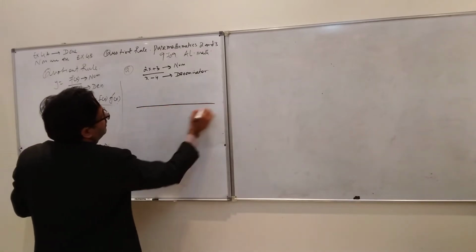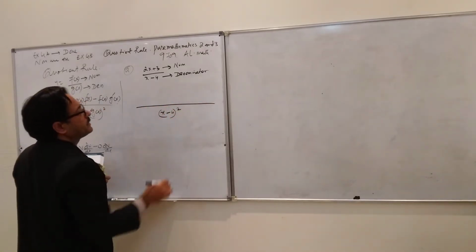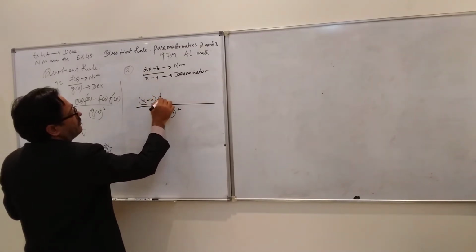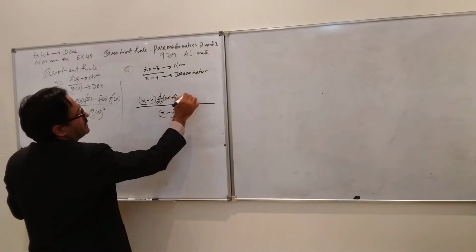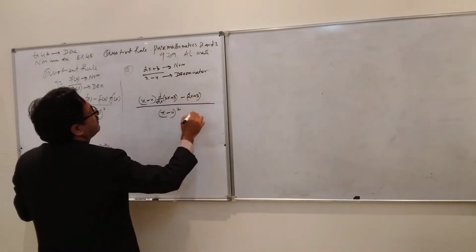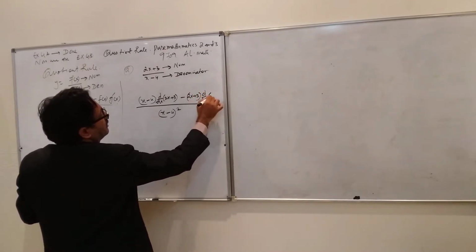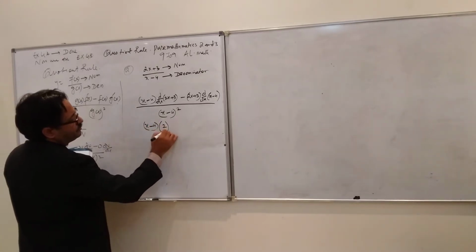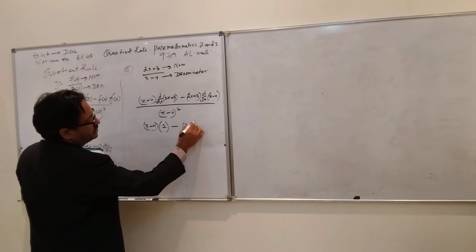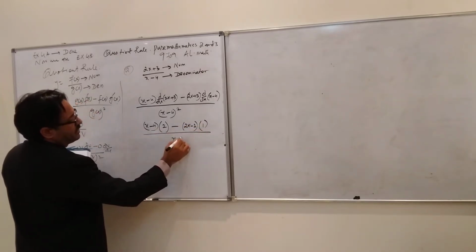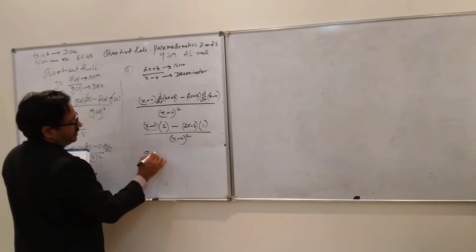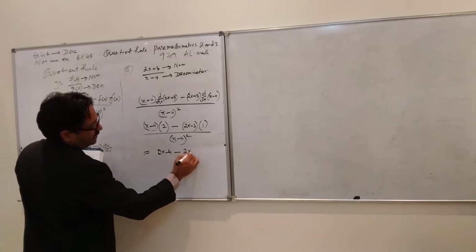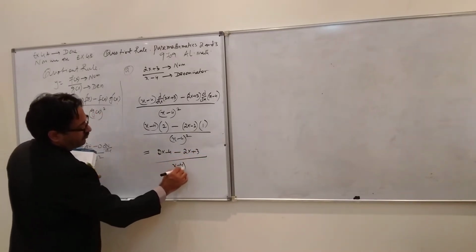According to the rule, we write x minus 4 whole squared, then x minus 4 times the derivative of 2x plus 3, which is 2, minus 2x plus 3 times the derivative of x minus 4, which is 1. So x minus 4 whole squared, then 2x minus 4 minus 2x plus 3.